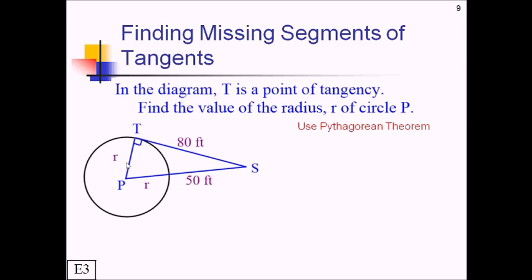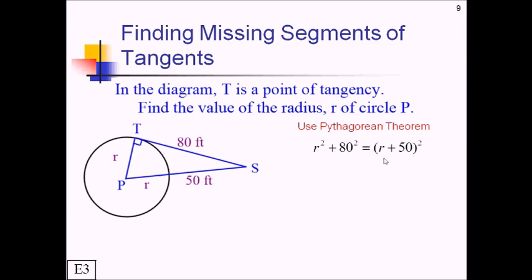So we have r squared for one of our sides plus 80 squared equals, now this 50 here is just the part that's outside the circle. To get this entire hypotenuse, we need r plus 50, and then we need to square that. So squaring all this stuff out, 80 squared is going to be 6,400.